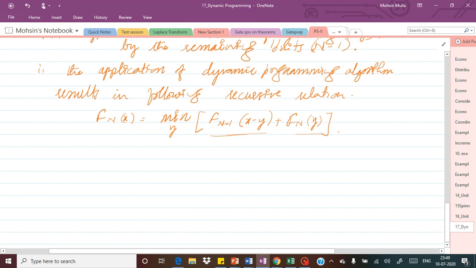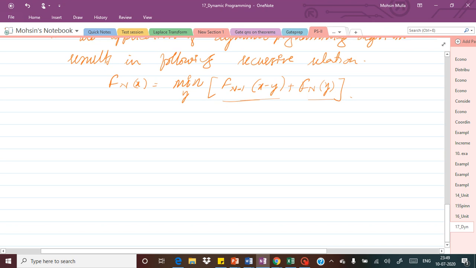Using this recursive relationship, we will be able to determine the overall cost function of n units, that is, n minus 1 units and the nth unit. The minimum of that can be obtained from this.